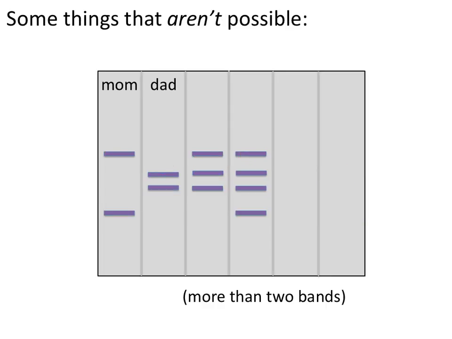There are some things that aren't possible. So this baby has 3 regions. Why can't they have 3 regions? Remember, you get one from mom and one from dad. You can only have 2.